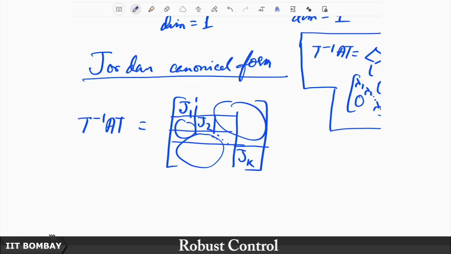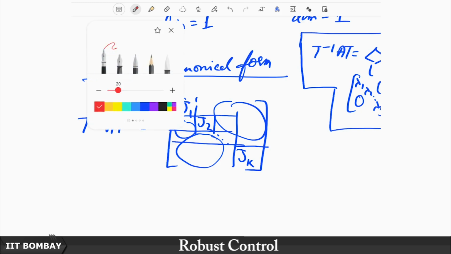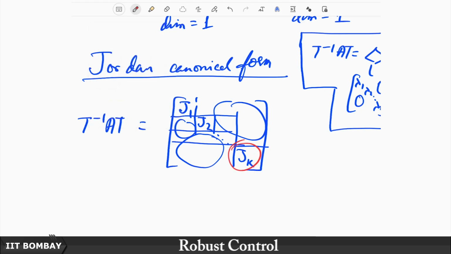Not just that, if we zoom in on any one of these individual blocks here, they also have a beautiful structure. Yeah, they are upper triangular, but only to the extent that they have a diagonal that is potentially non-trivial, and the first super diagonal, and that is it, right.